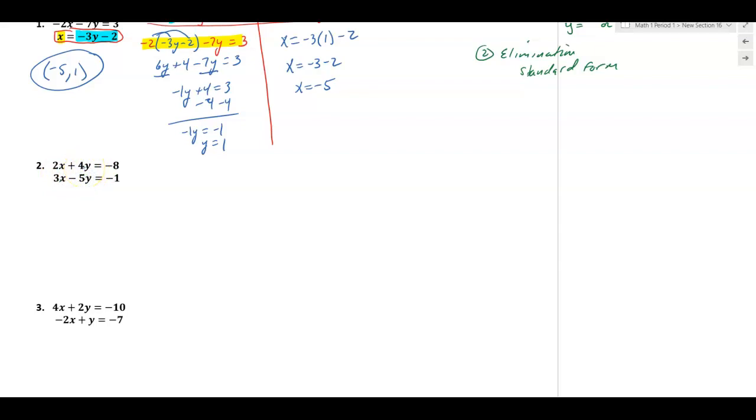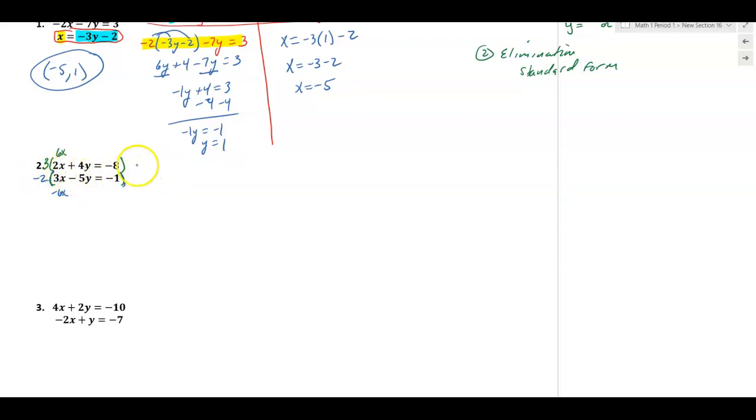I'm going to try to look here to see what variable I can force elimination by multiplying one or both equations. Now I know I can turn 2x into 6x by multiplying the top equation by 3. I also know I can take the bottom equation and turn the 3x into a negative 6x by multiplying everything in the bottom equation by negative 2.